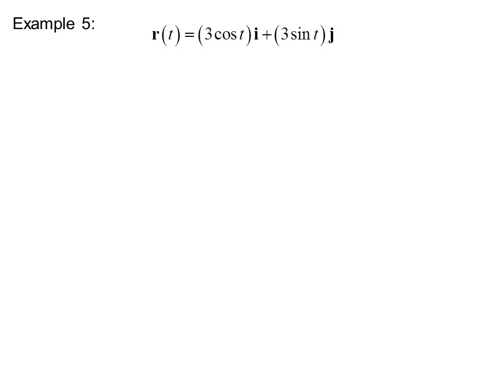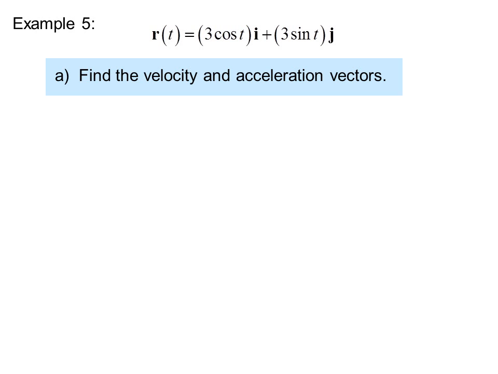Example, r of t equals 3 cosine t i plus 3 sine t j. A. Find the velocity and acceleration vectors. Just as we have been doing for much of the year, velocity is the first derivative of position.